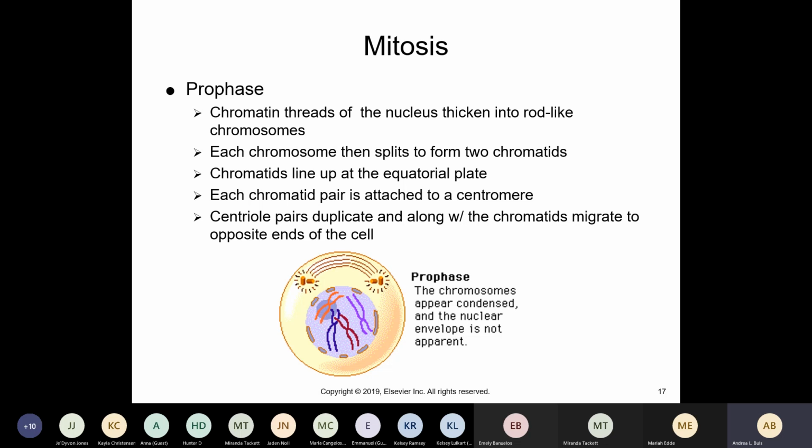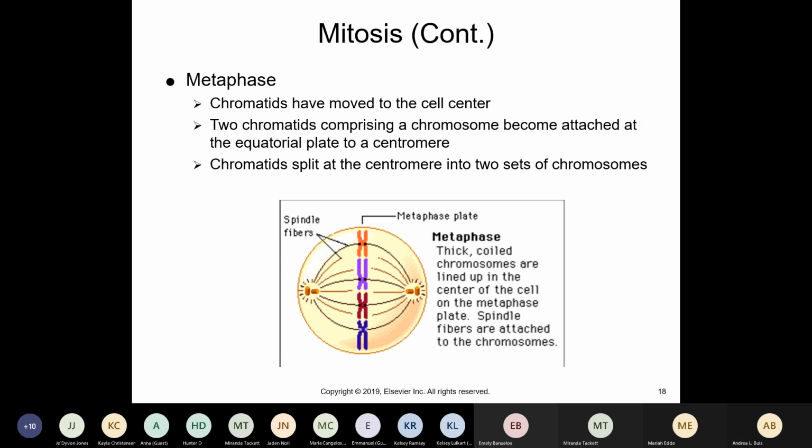They start to line up. Each chromosome will split to form 2 chromatids and line up at the equatorial plate. And the pairs will duplicate along with the chromatids and migrate to opposite ends of the cell. So it's starting to divide up because it's going to create 2 cells just like itself.